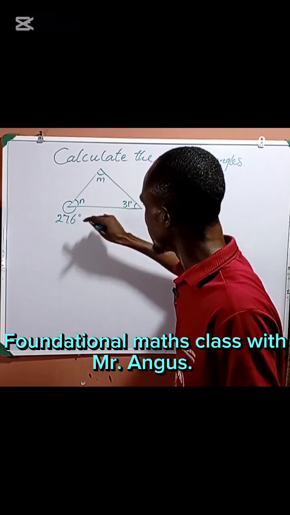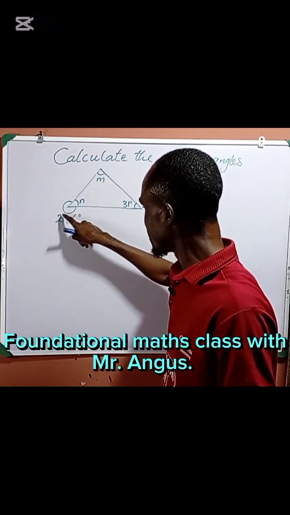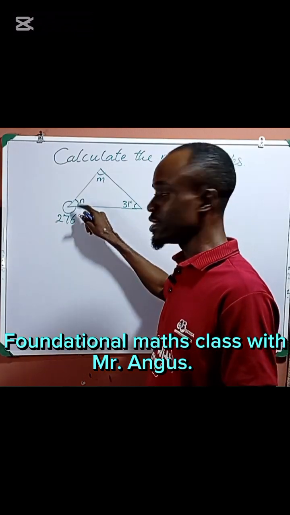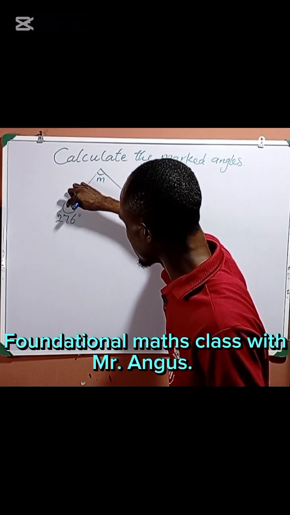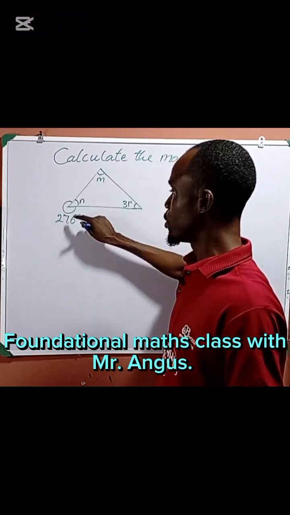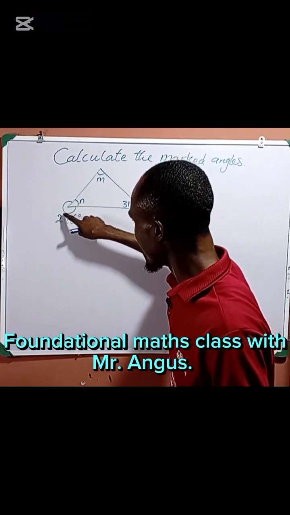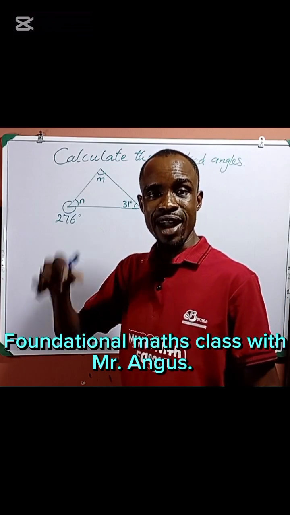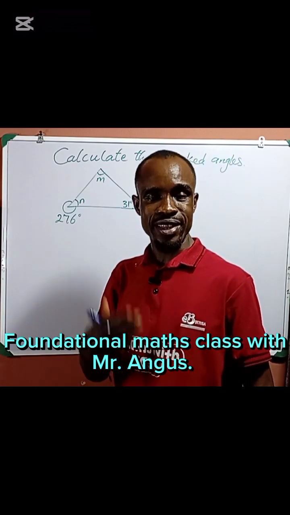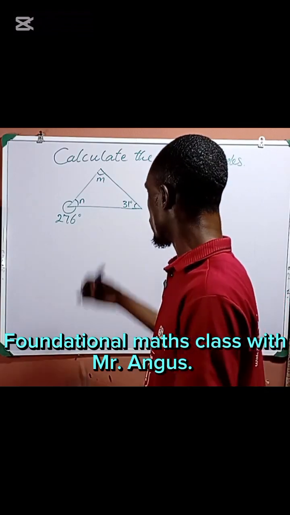For us to find this, we need to subtract this from 360 degrees. Or, in other words, if you place your compass here to turn a circle, you get a complete circle, which means the sum of the angles at a point is 360 degrees. So let us quickly solve this.